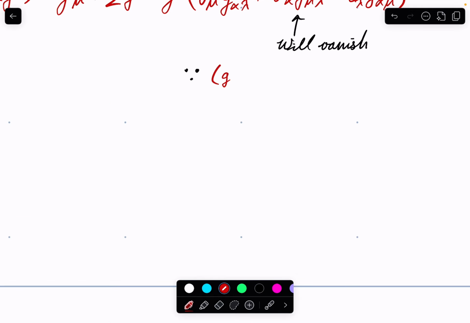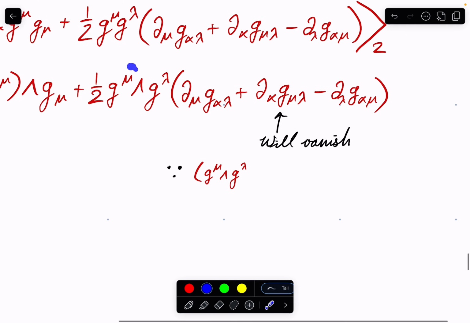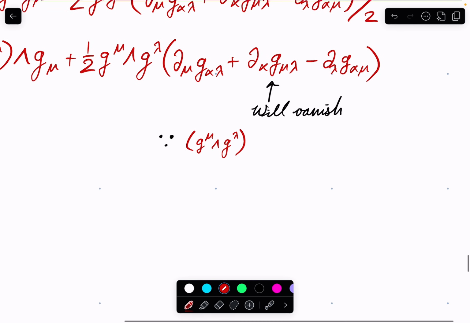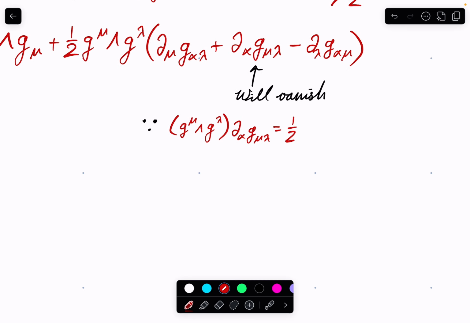If we have g^μ wedge g^λ, we're just going to apply this to this coefficient here, partial alpha g_{μλ}. Then this is just going to be equal to 1/2 (g^μ g^λ minus g^λ g^μ) partial alpha g_{μλ}.